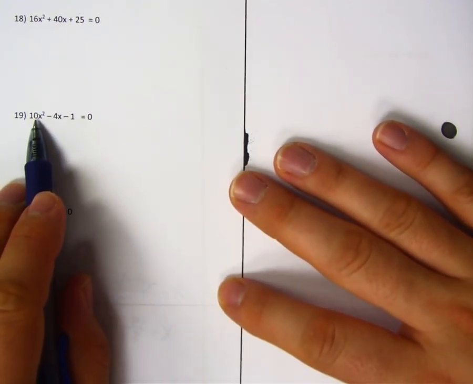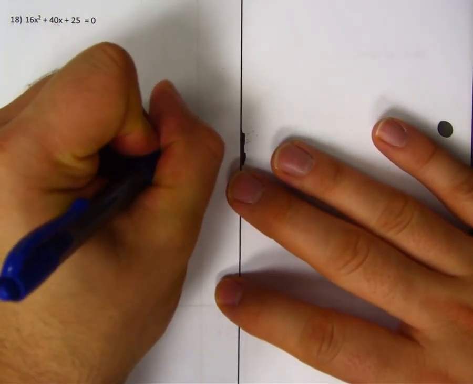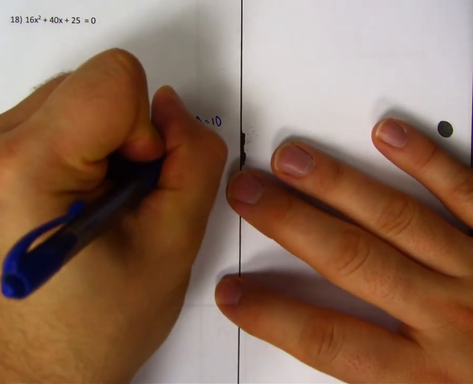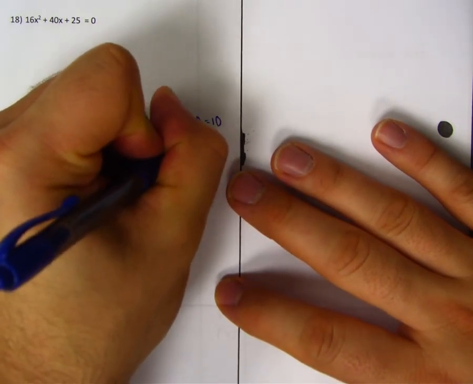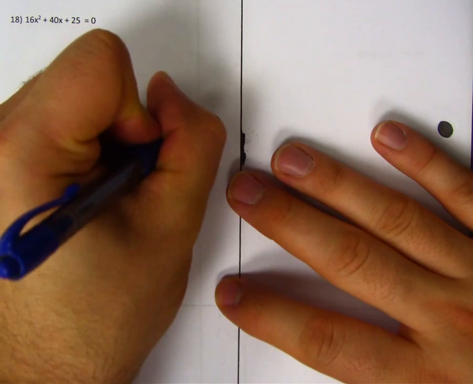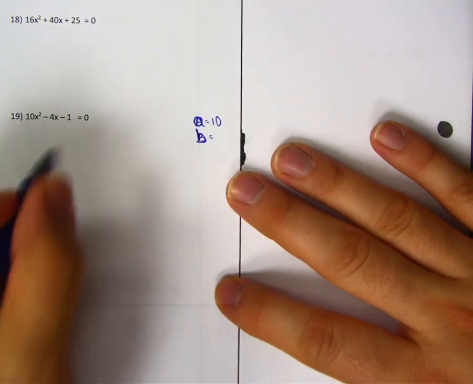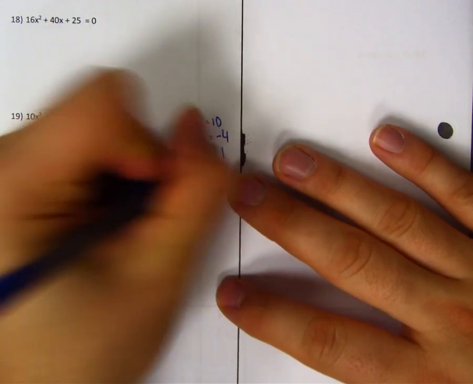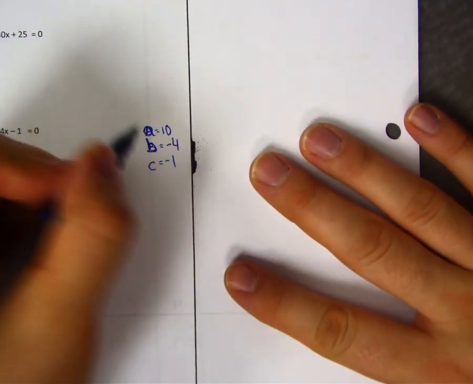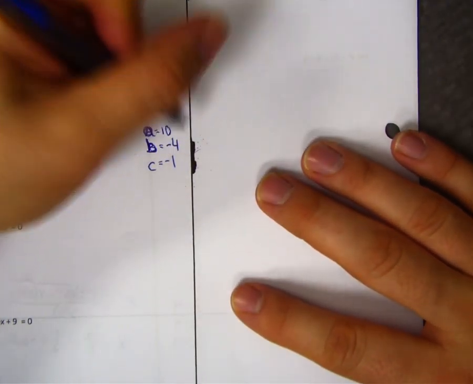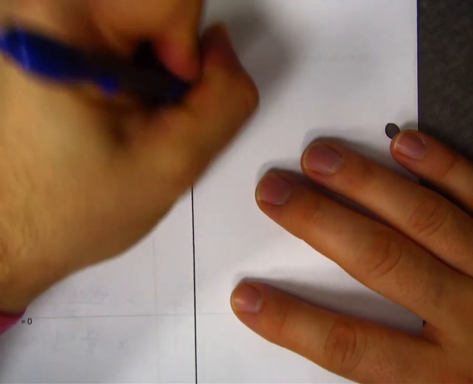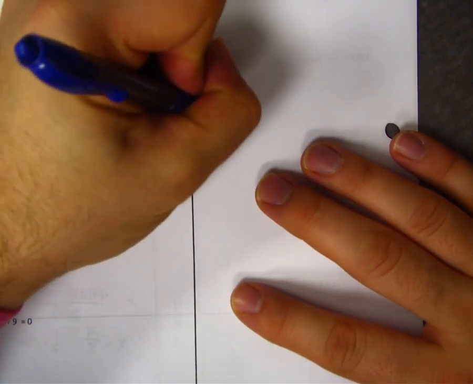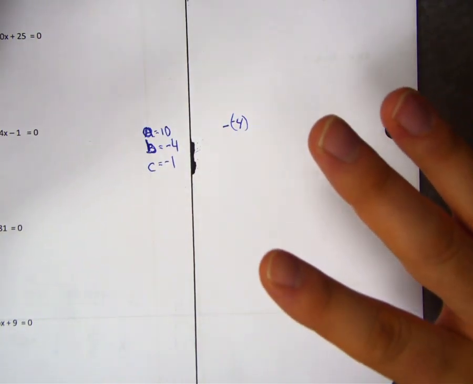19 with the 10x squared. So A is going to be 10. B is going to be negative 4, and C is going to be negative 1. Okay. So A being 10 and B being negative 4, I'm going to say negative 4, which is basically plus 4.